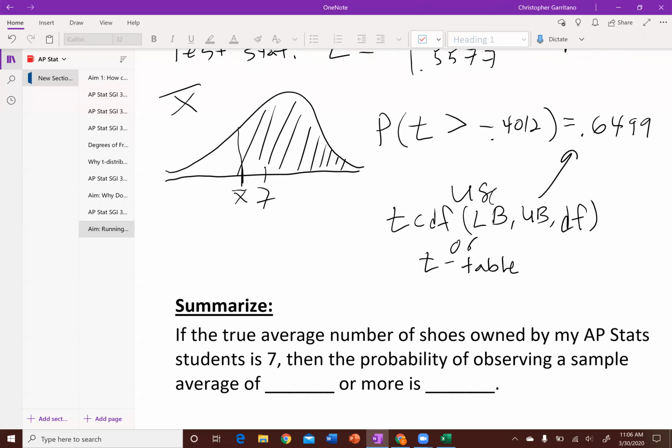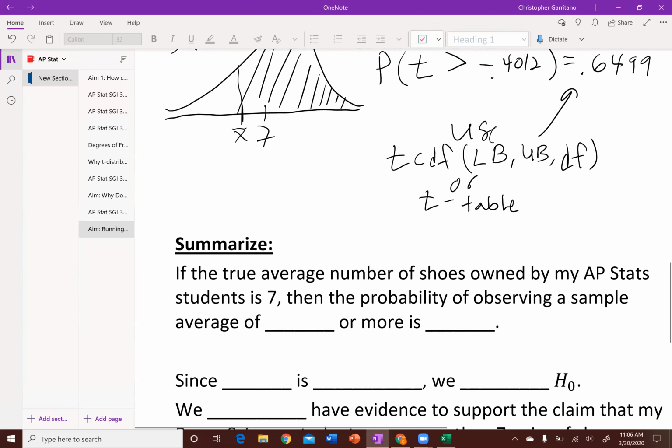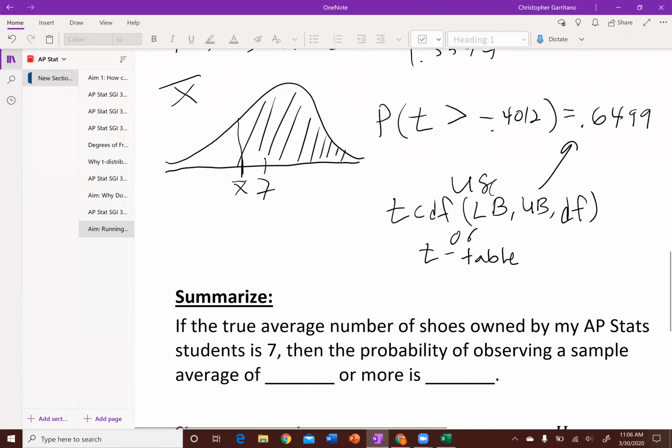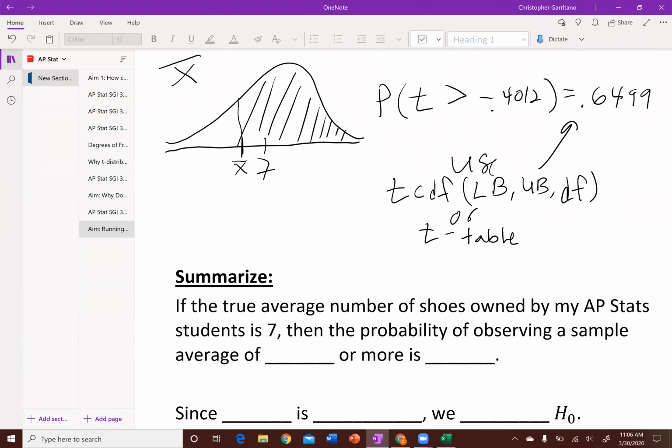All right, let's go to the summary. Well, first, the interpretation of this p-value. So if the true average number of shoes owned by my AP Stat students is 7, so basically I'm saying if H null is true, then the probability of observing a sample average of, what did I observe?